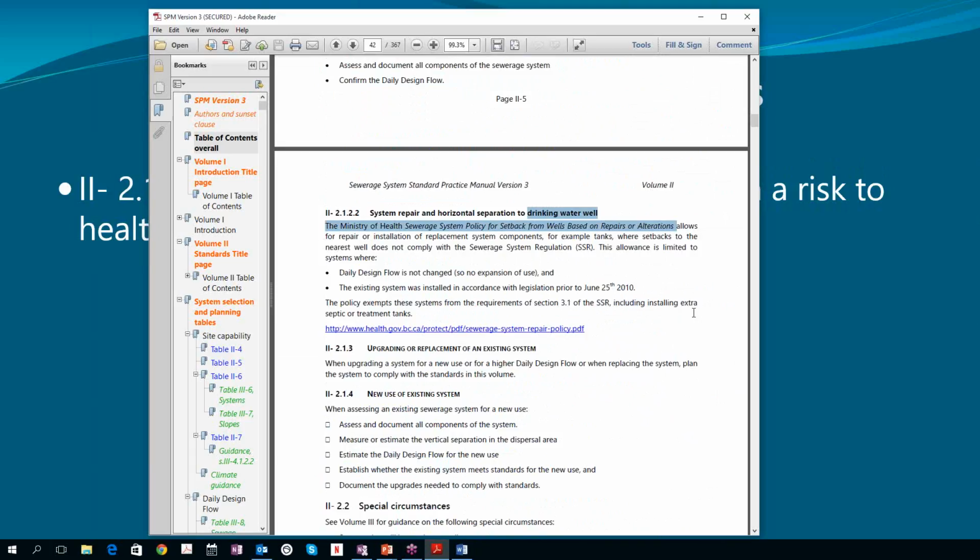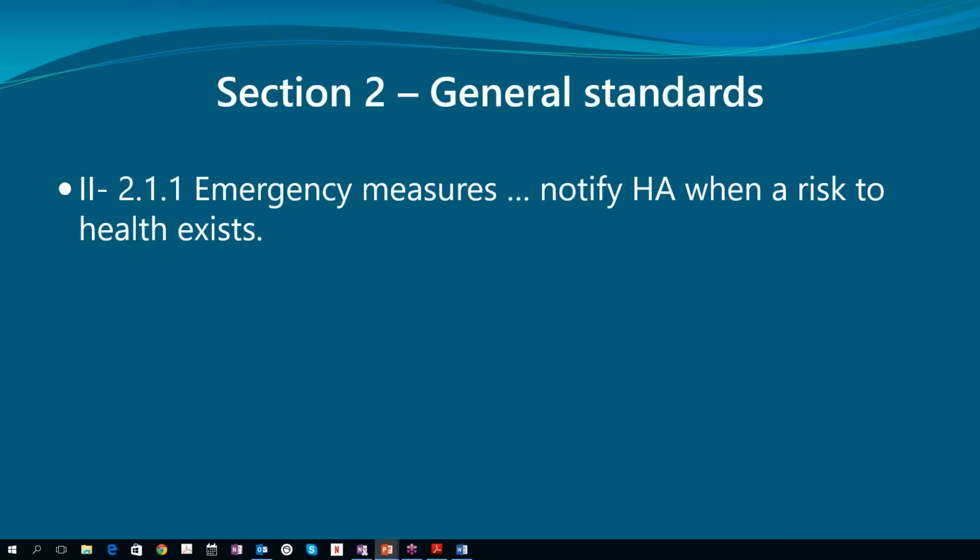And for repairs, we do not necessarily have to be 30 meters from wells. We have to be the old standard, which I think was 15 meters, right? 50 feet. And all that is laid out in the policy, that document from the Ministry of Health. So maintenance providers need to be familiar with that. If you're replacing the system, it has to be 30 meters from a well, but not necessarily for repair.